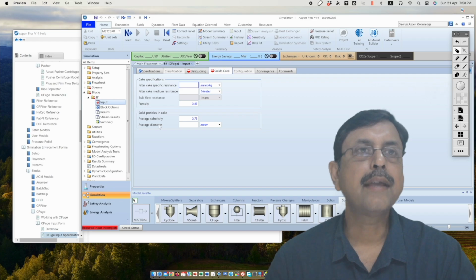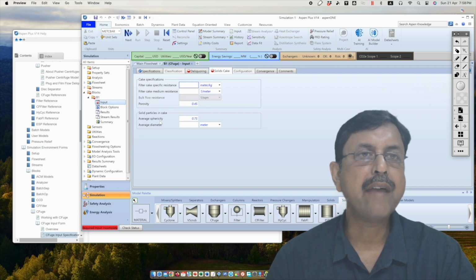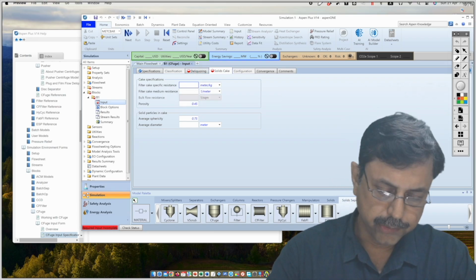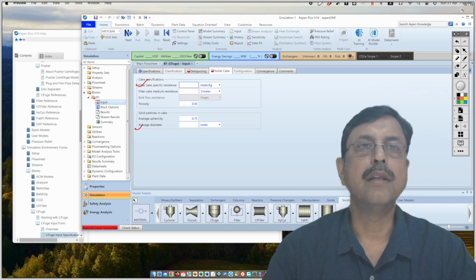Then the solid cake, you have to provide the information about filter cake medium resistance, porosity, and average sphericity. These three pieces of information you have to provide, and filter cake specific resistance and average diameter, these two things are optional. So basically this one and this one, these two things are optional.